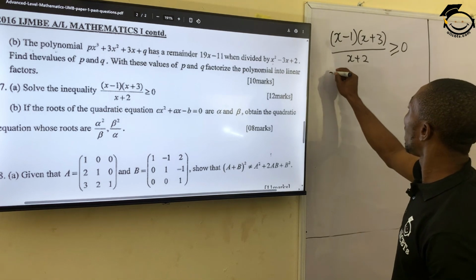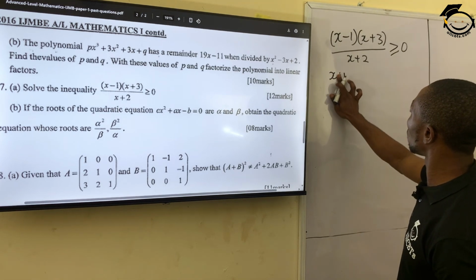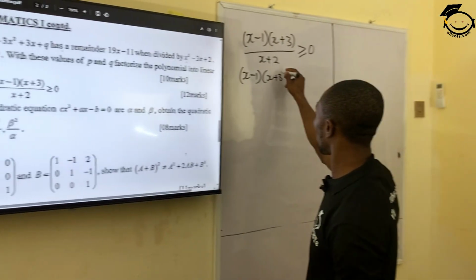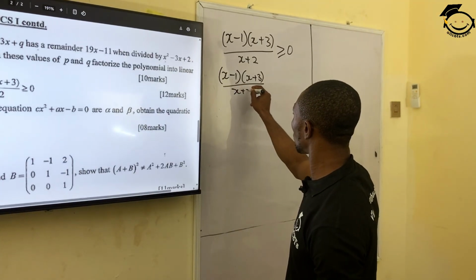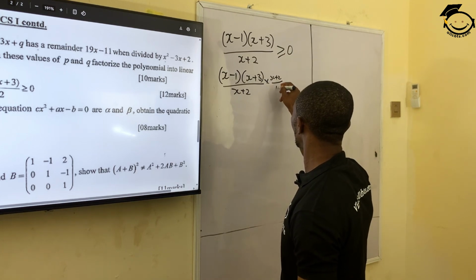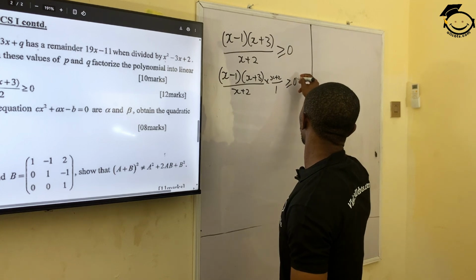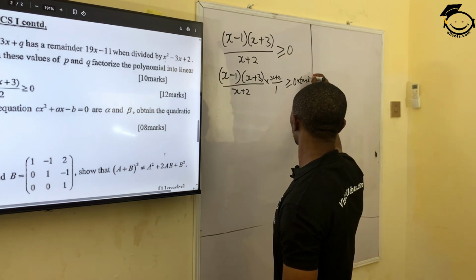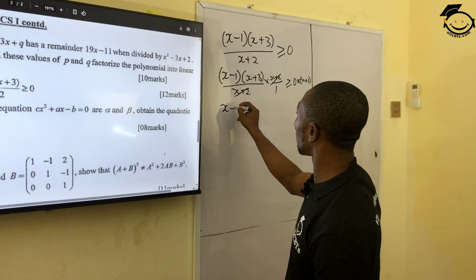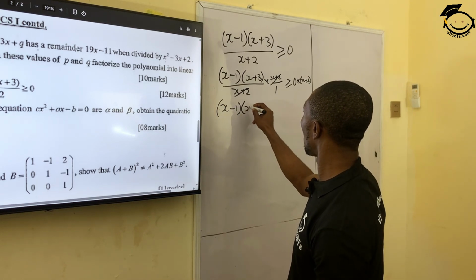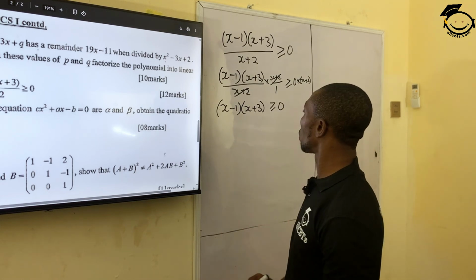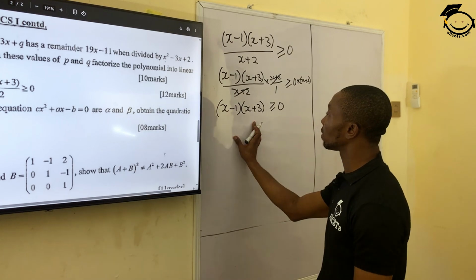So we have x plus 1, x minus 1, x plus 3, all over x plus 2 times x plus 2, equals 0 times x plus 2. So we cancel this, leaving us with x minus 1, x plus 3 equals 0.